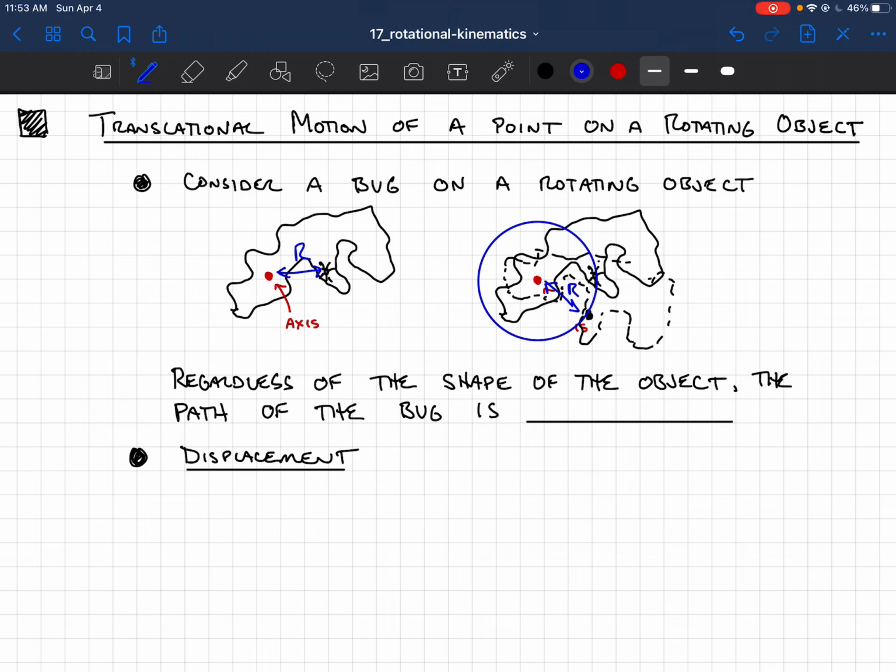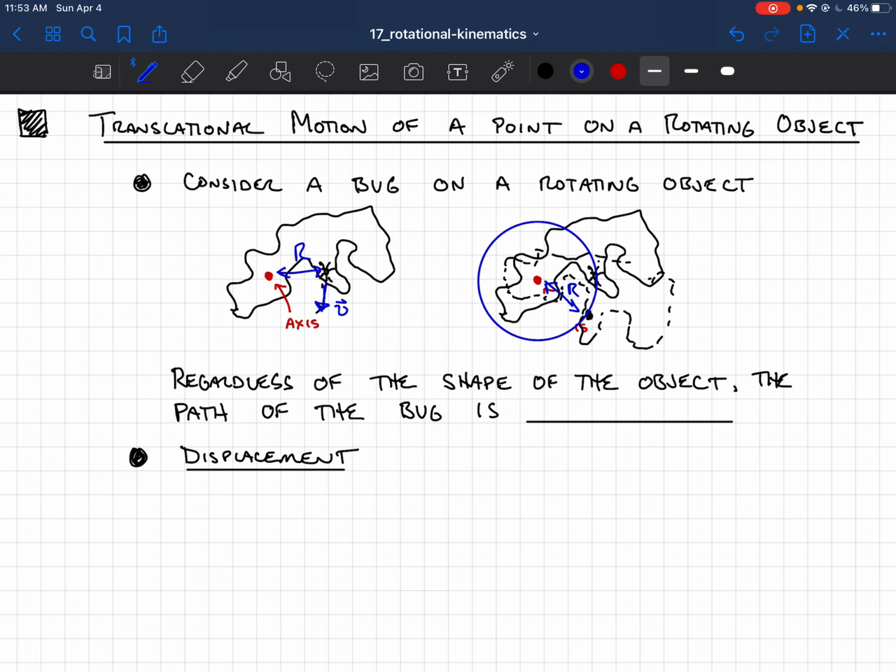So when we think about the translational motion of a point on a rotating object, we think about that as circular motion. So the bug's path is going to be a circle, and it's going to have a velocity and an acceleration which correspond to that circular motion.